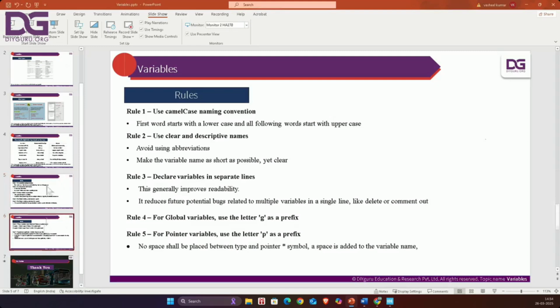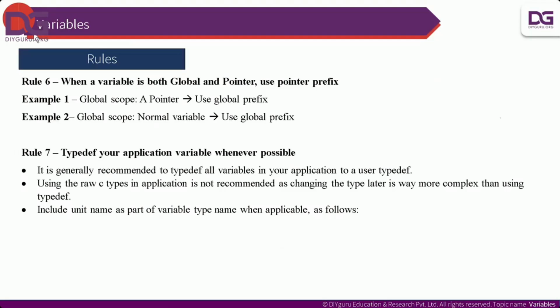Now next, if you want to initialize a global pointer, if your variable is both global and a pointer, use a pointer prefix. So just put a star here and you put a g. You have a pointer and you use a global prefix.